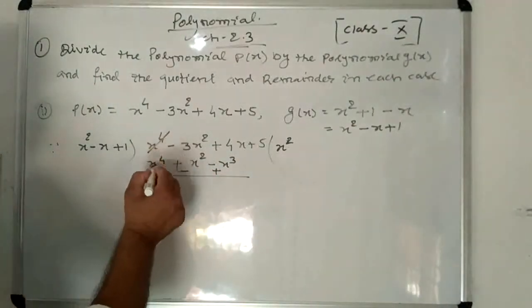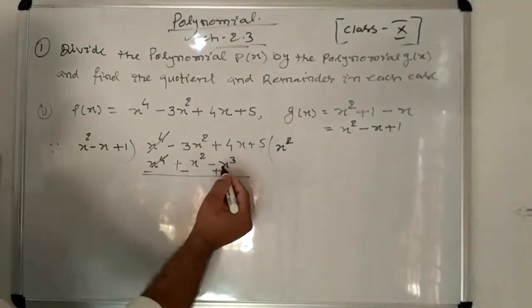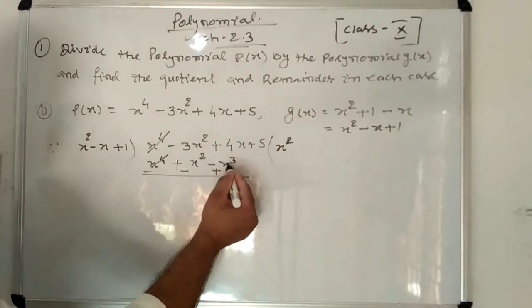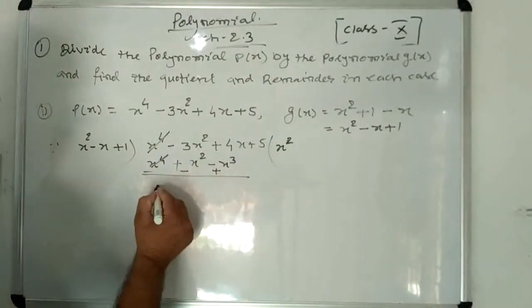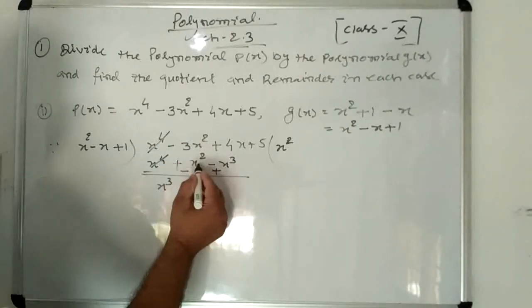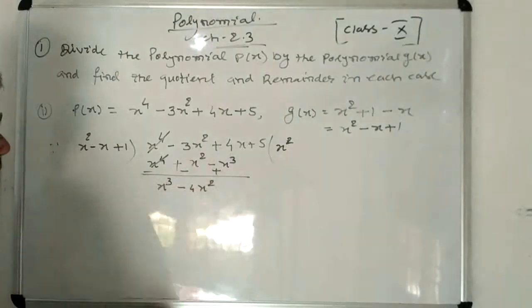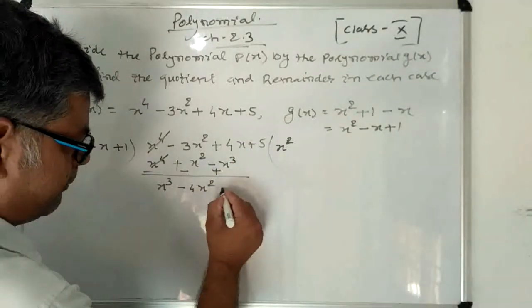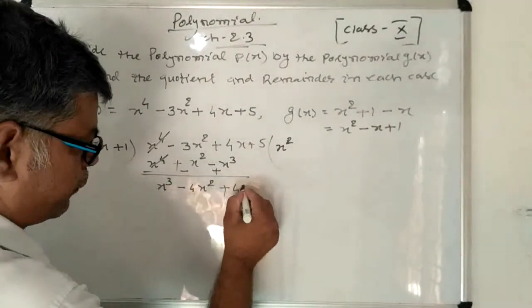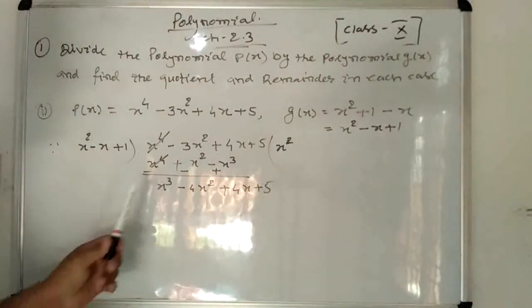Now x to the power 4 minus x to the power 4 will get cancelled. Now first you write x cube, so it will be plus x cube, and this minus 3x square and minus x square will become minus 4x square, and thereafter you carry the remaining terms, that is 4x plus 5. So in this way you have to write.